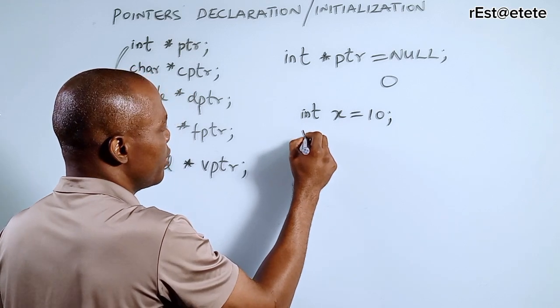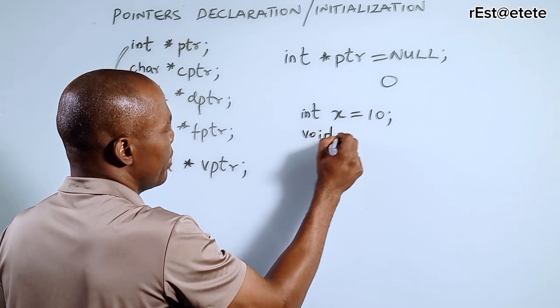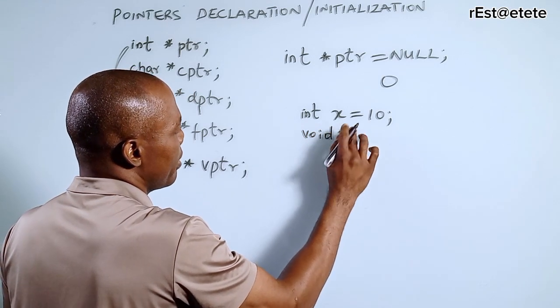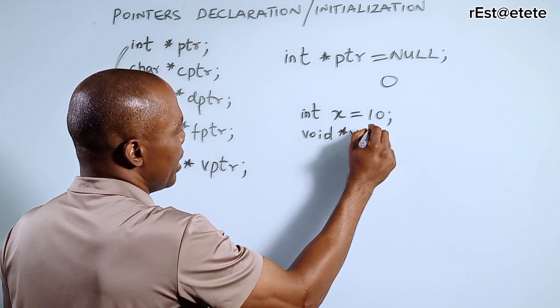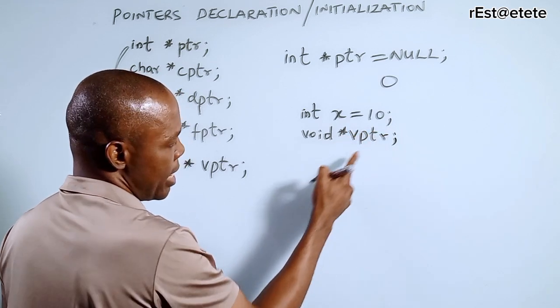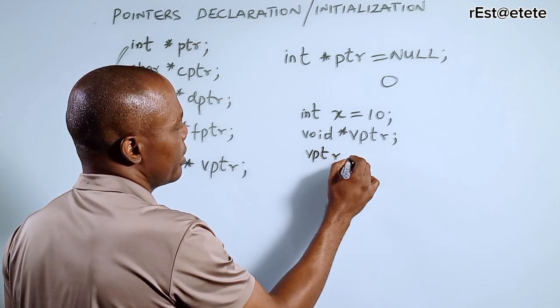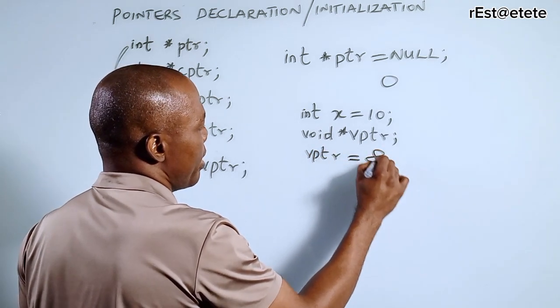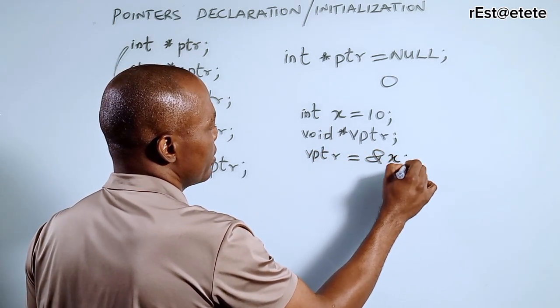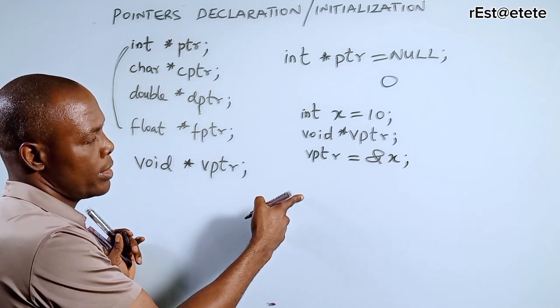Then I will declare a void pointer, call it vptr. Then I can point vptr to the address of x, right? I can do this.